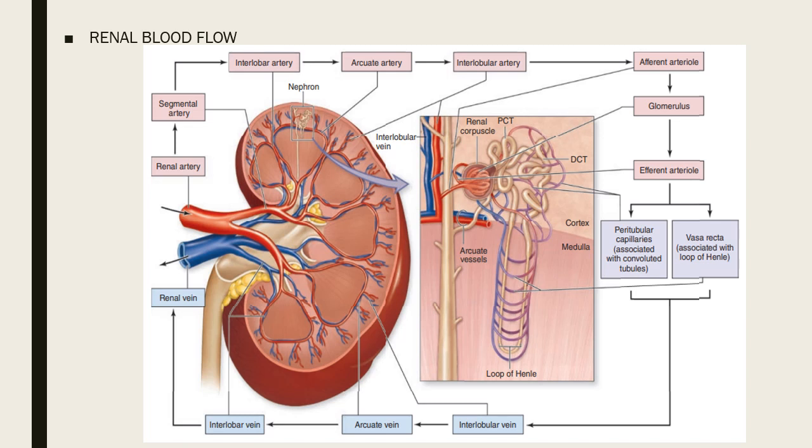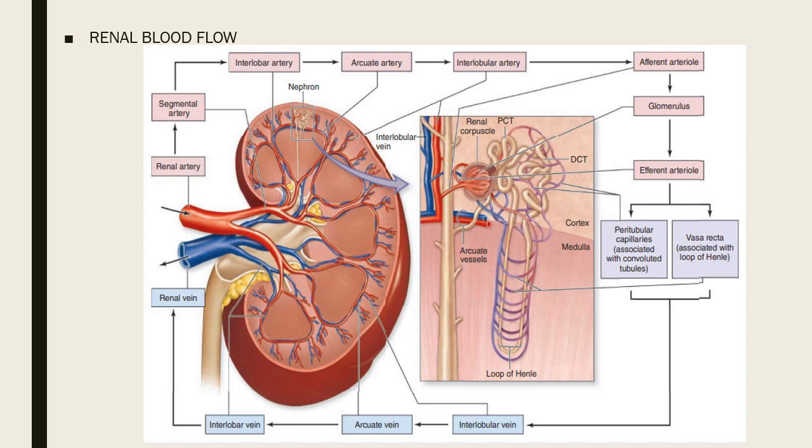When there is a decrease in blood pressure, your afferent arterioles will dilate to prevent a decrease in renal blood flow. A decrease in renal blood flow will lead to a buildup of metabolic waste.